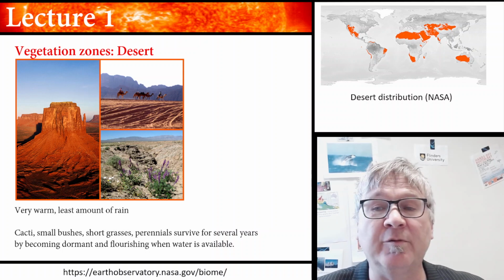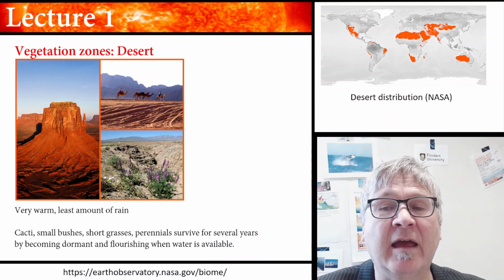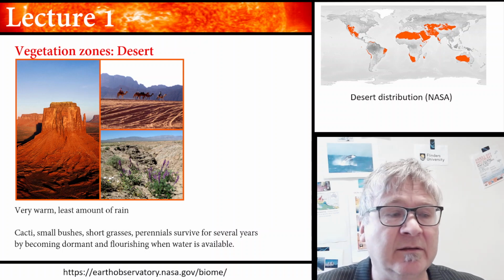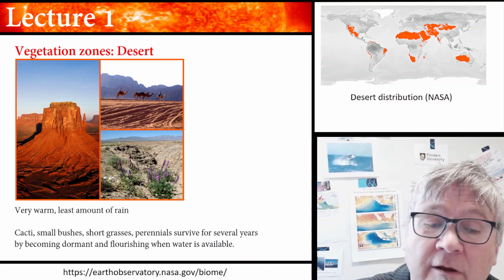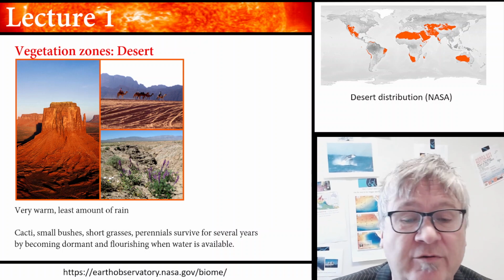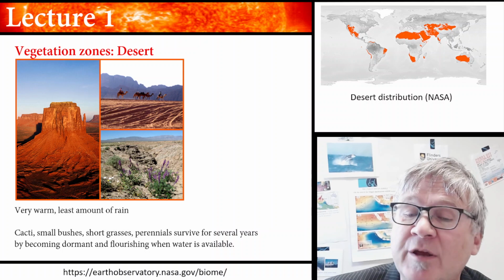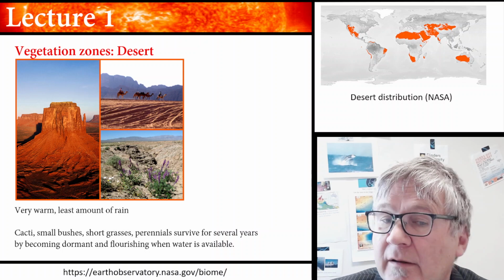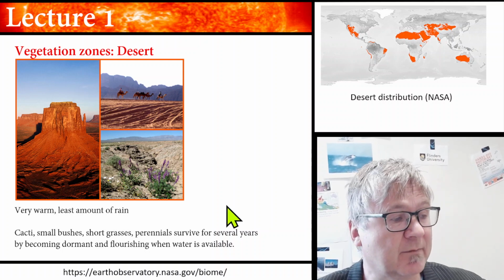Okay, and showing you the distribution of deserts, including Australia, and Africa, in Asia, and in North America. Here in that region. Okay, very warm, least amount of rain. Cacti, small bushes, short grasses, perennials survive for several years by becoming dormant and flourishing when water becomes available. So very fascinating ecology in these areas.